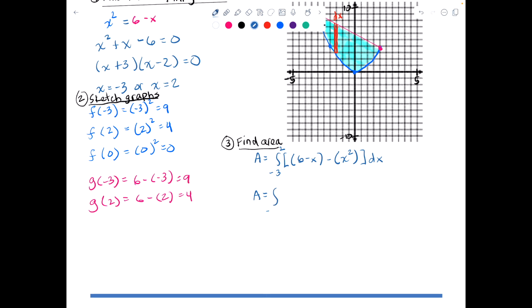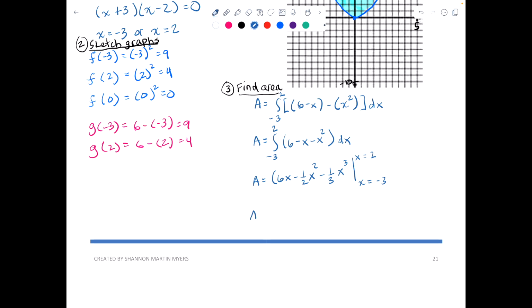We'll have -3 to 2, limits of integration, and then we'll just have 6 minus x minus x squared dx. So we will get 6x minus 1/2 x squared minus 1/3 x cubed once we integrate, and we're evaluating that from x is -3 to x is 2.